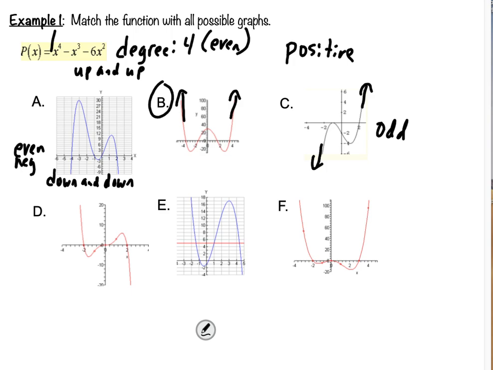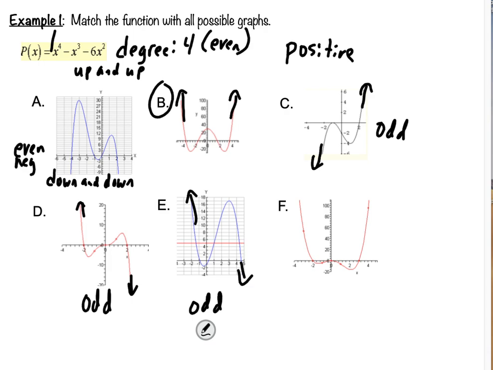But we have an even. What about letter D? What's going on at the ends? It's going up and then down. So that would have to be an odd degree, and we have an even degree. What about letter E? What's happening at the ends? It's going up and then down. Up and down, that's an odd degree, and we have an even degree.